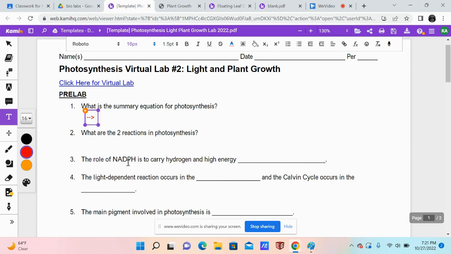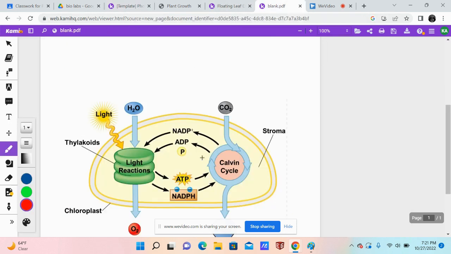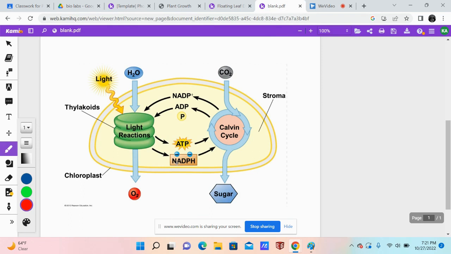What's the role of NADPH? Remember, anytime it's 4 or 5 letters and does not form a word, like NADPH, FADH2, or NADH, they always carry high energy electrons. Right here, you can see he's carrying these two little things that have a negative sign.